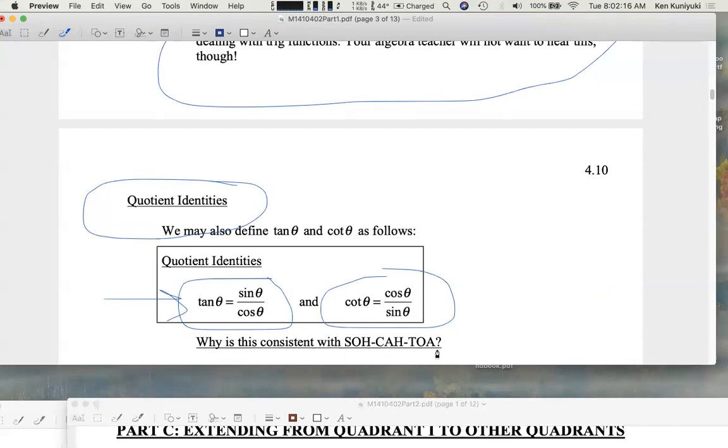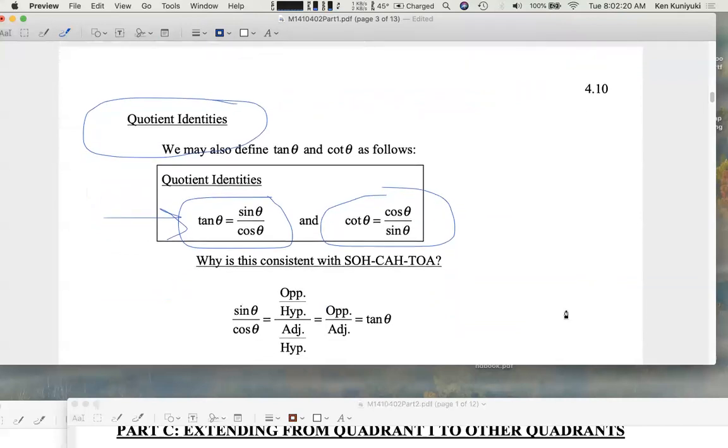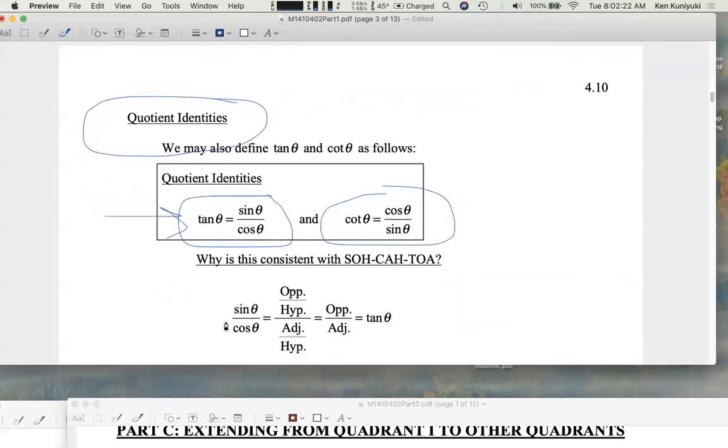Now, why is this consistent with Sohcahtoa? Here's some very informal algebra. Let's assume theta is acute for now. Sine of theta, so, is opposite over hypotenuse. Cosine of theta, ka, is adjacent over hypotenuse. Now, if you take this compound fraction and multiply by hypotenuse over hypotenuse on top and bottom, you basically cancel out the hypotenuses.